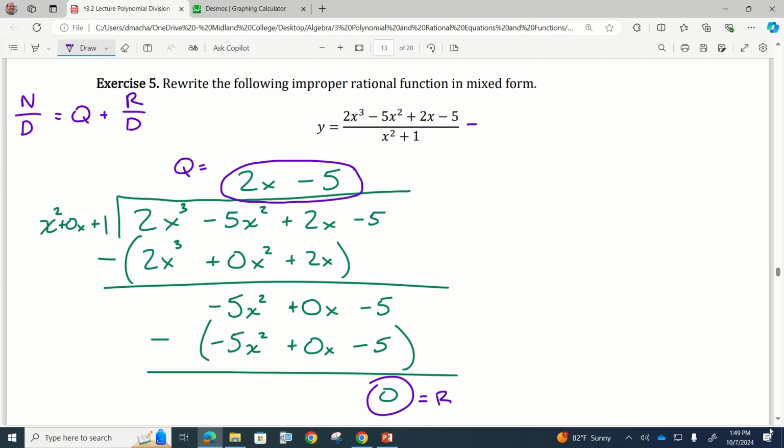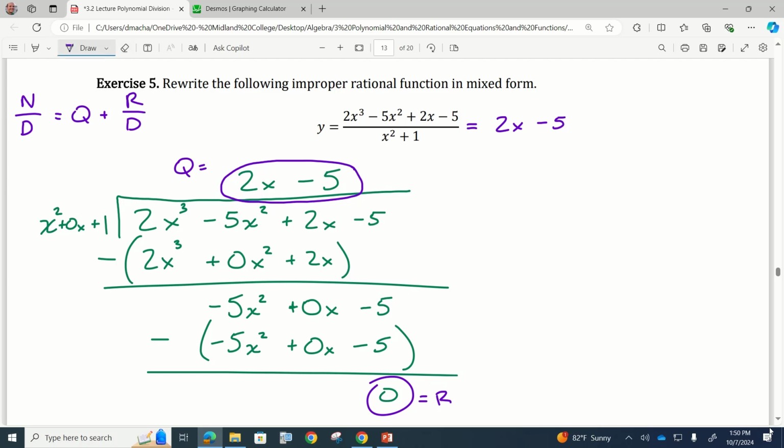And I can write my answer like 2x minus 5 plus 0 over x squared plus 1. But 0 divided by x squared plus 1 is always 0. And I don't have to write plus 0. So I don't have to write that little last part.